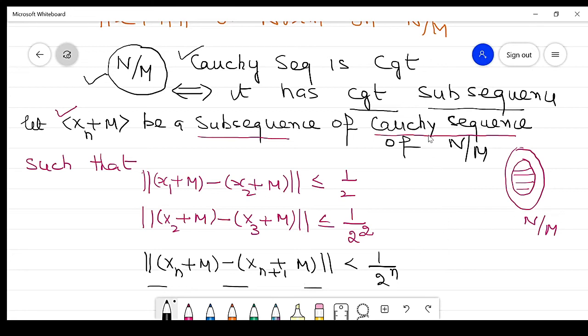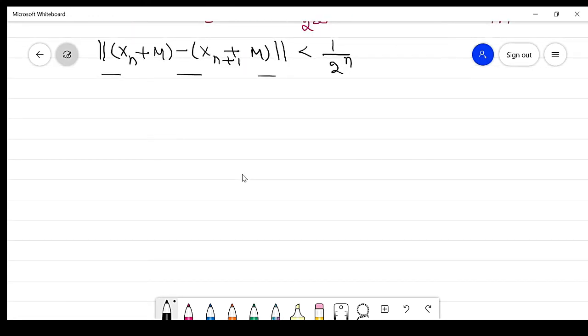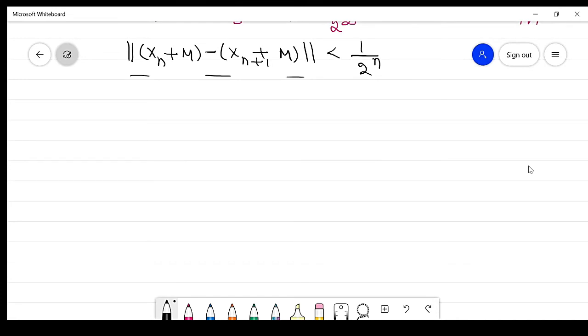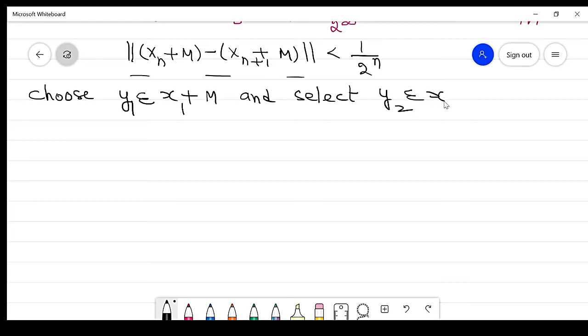Now this x1 plus M is a coset, remember, and x1 is a vector belonging to N. So by using the following result, I choose a vector y1 from x1 plus M and select a vector y2 belonging to x2 plus M such that the norm of y1 minus y2 is less than 1 by 2.